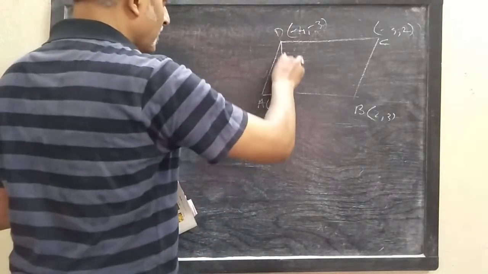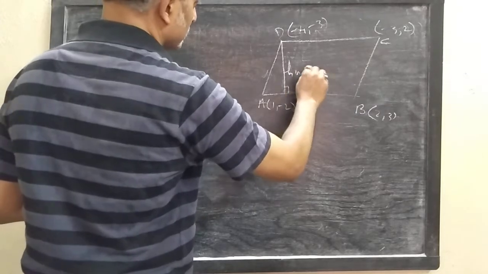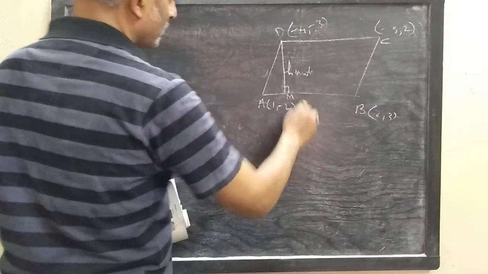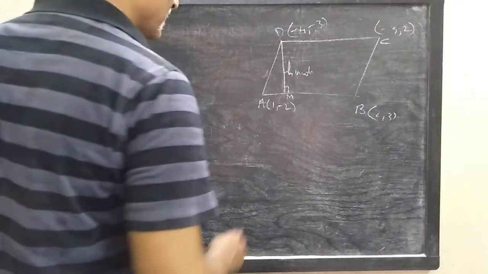You have to find this height, say h units, and say the foot of the perpendicular is M. So first find the area of triangle ABC.